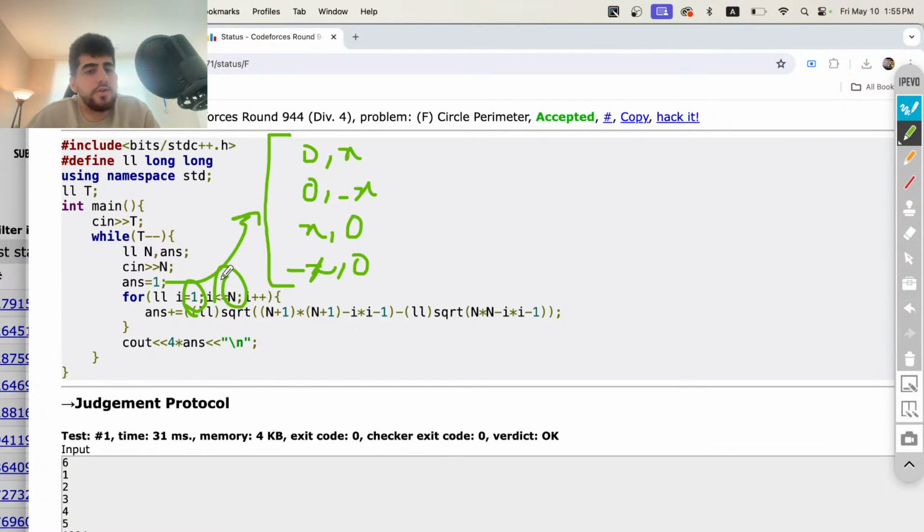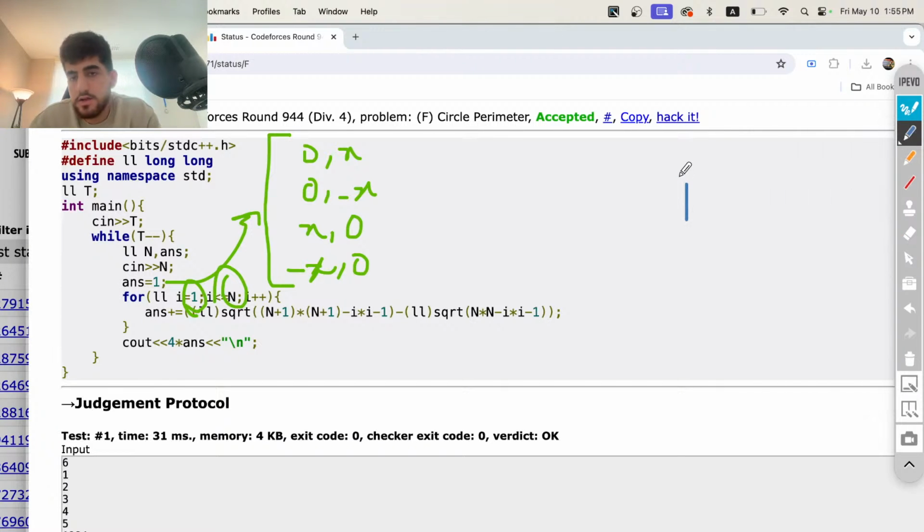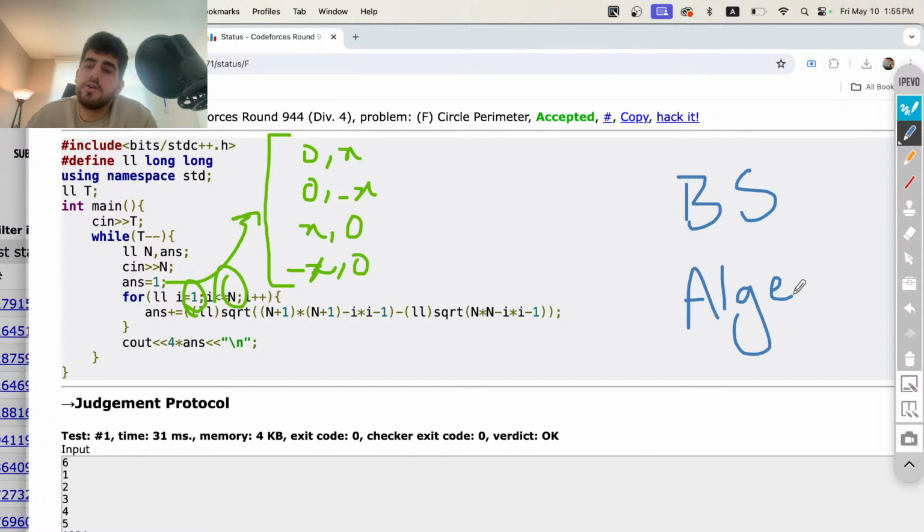Yeah, as I said, there's no binary search in this one. We have 2 ways: either we use binary search or we use algebra. We can also use algebra in order to find the greatest value of x. We do not necessarily need binary search. Binary search is more competitive programming-ish.